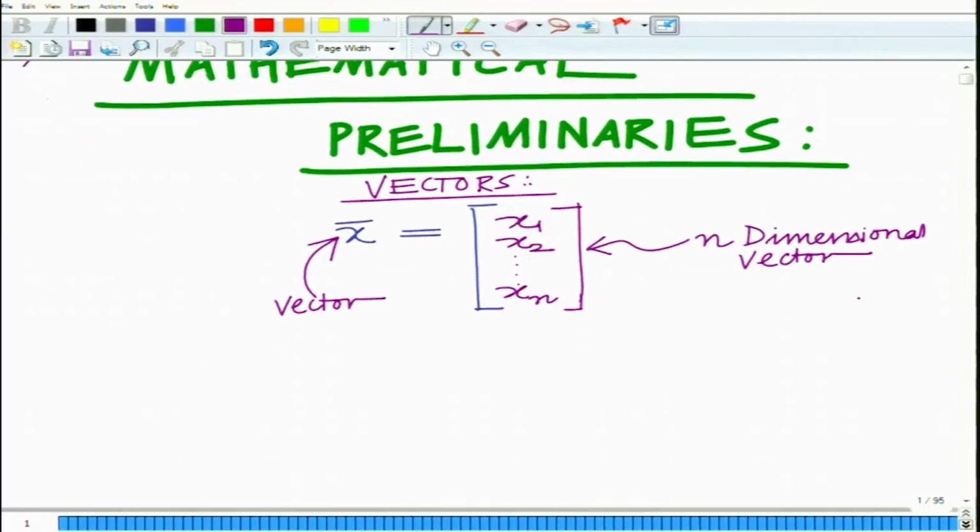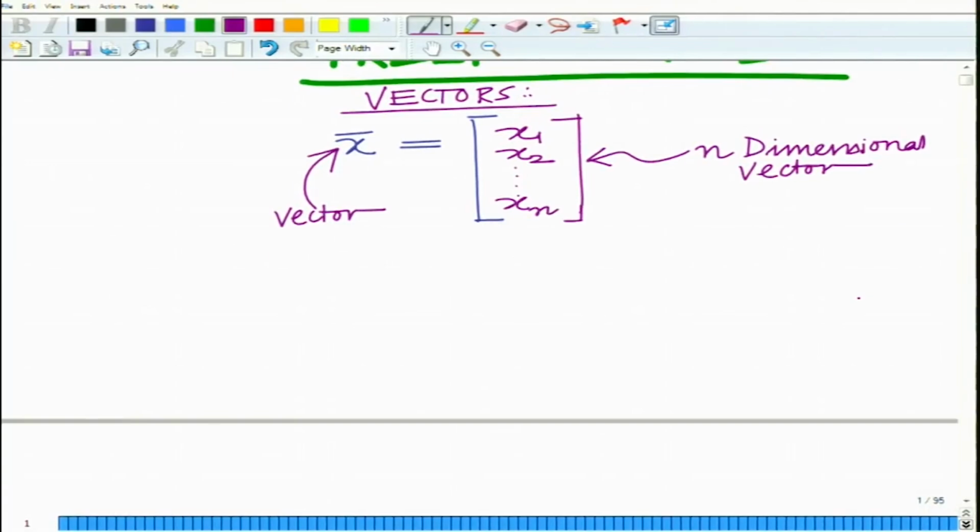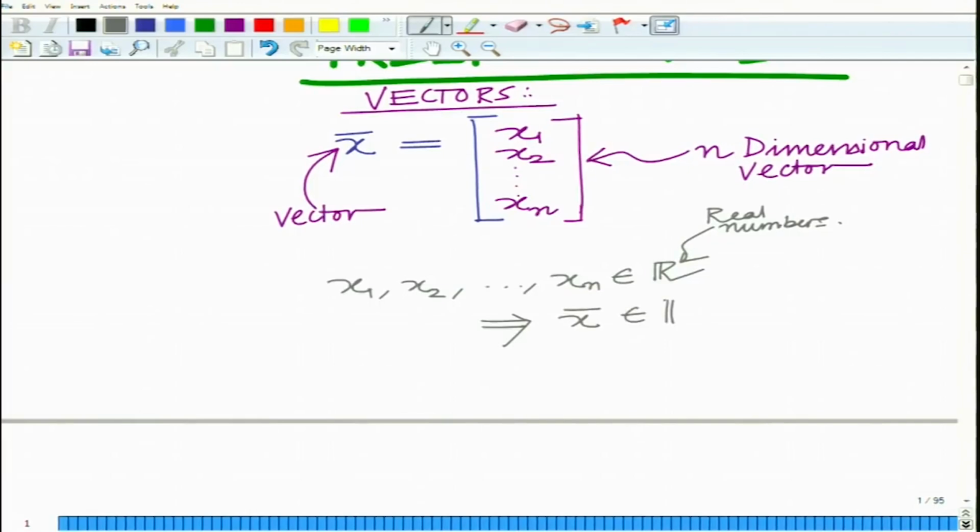This is an n dimensional vector, and now if these elements x1, x2, xn belong to the real field, that is, these are real numbers, then we say that this is an n dimensional real vector, that is, x bar belongs to the set of n dimensional real vectors.